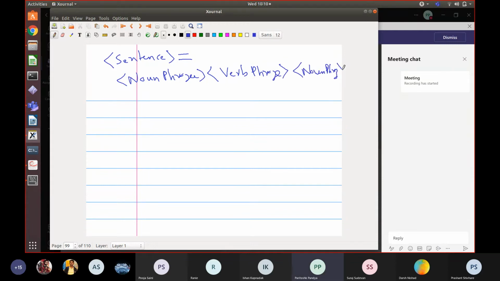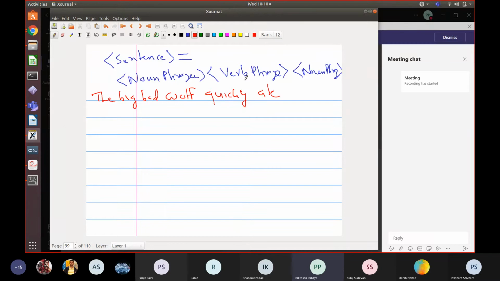There may be other kinds of sentences. This is one kind of sentence. So an example of this is what? The big bad wolf. Okay, so this is what I call the noun phrase, and then I have "quickly ate."